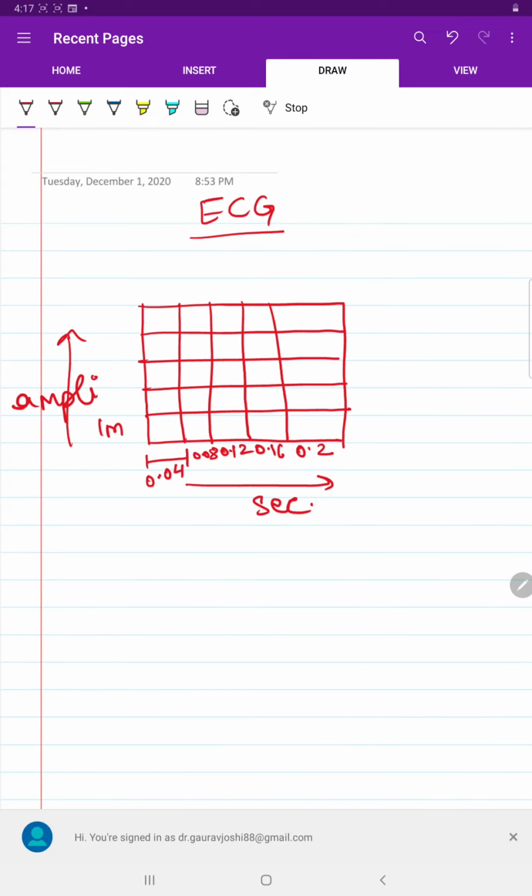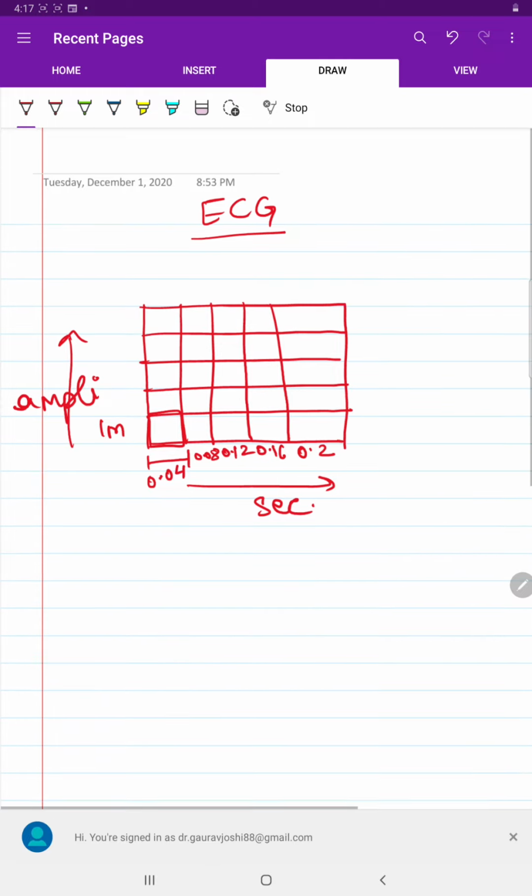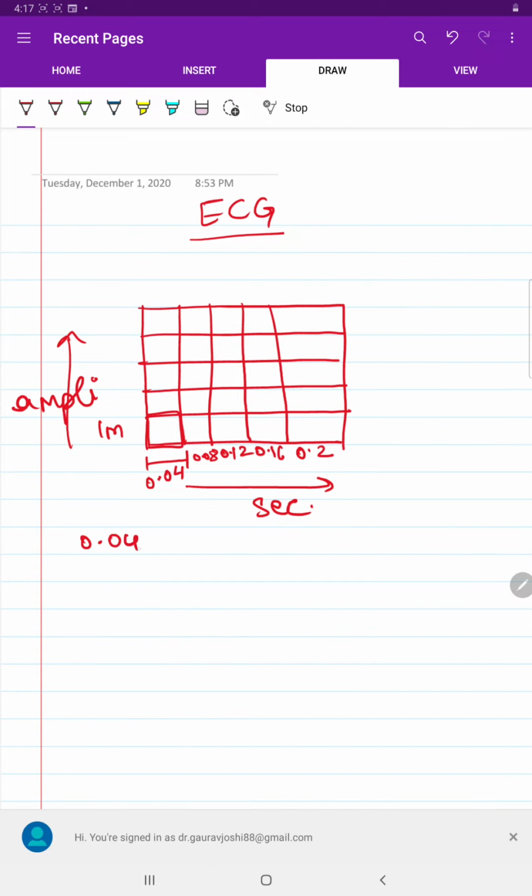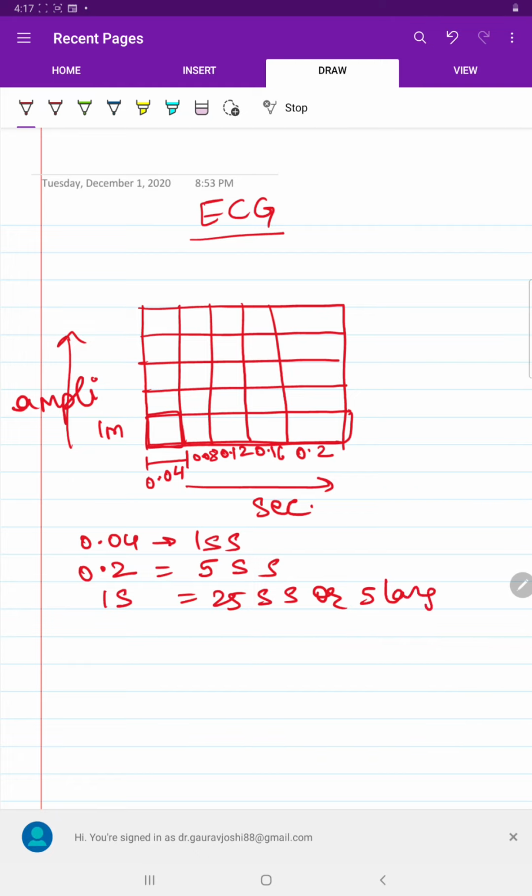This is one large square, and these are 5 small squares. To make it simpler, I am writing here: 0.04 second is one small square, 0.2 second is 5 small squares, and 1 second is 25 small squares or 5 large squares.